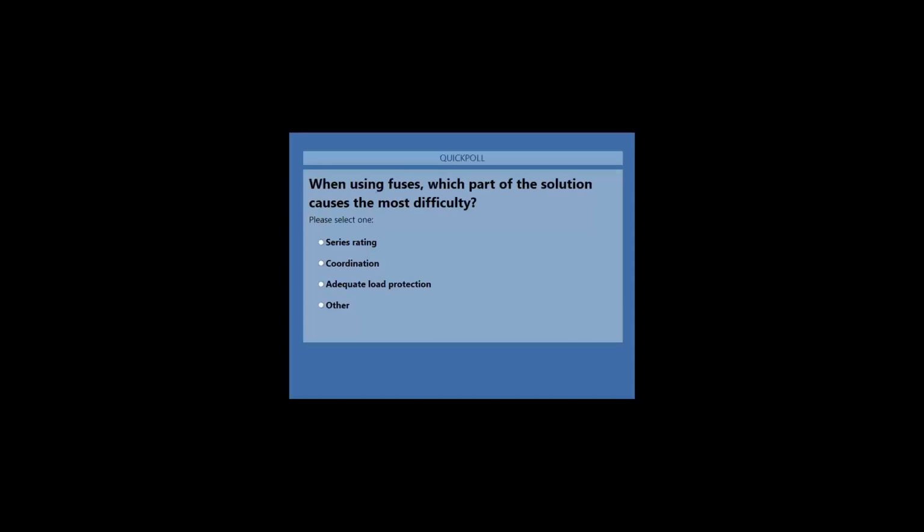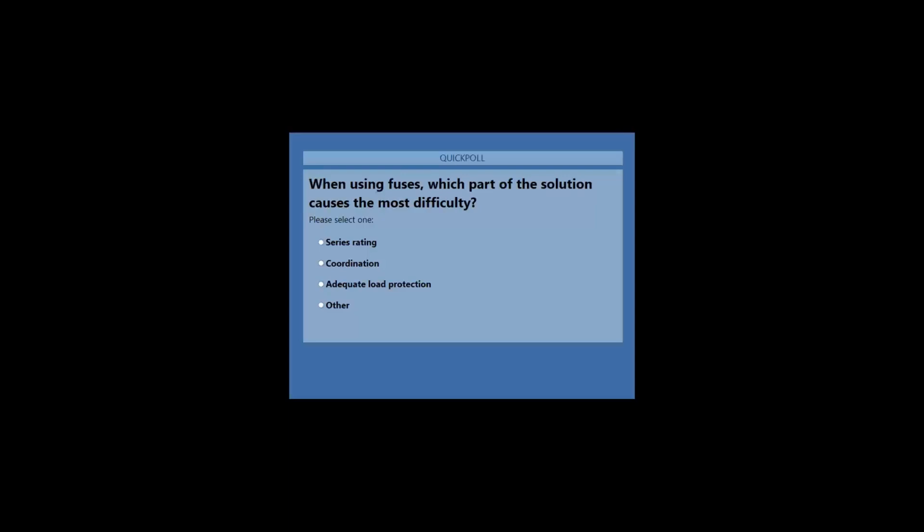Maybe it doesn't apply to the whole audience, but this is the topic that we'll be talking about today. Again, this is not going to be an exhaustive investigation of fuses, but primarily looking into how EasyPower represents the technical parameters and how that can be used in your decision process.